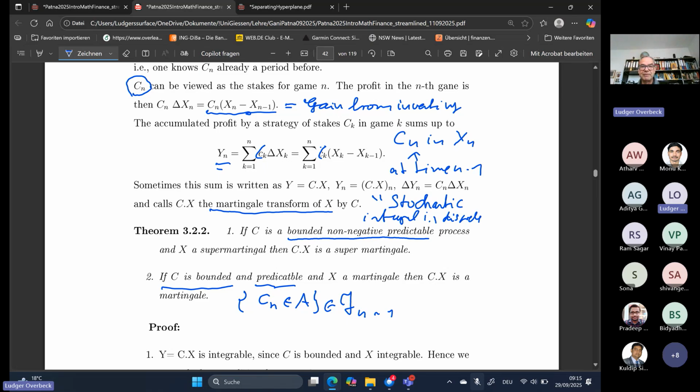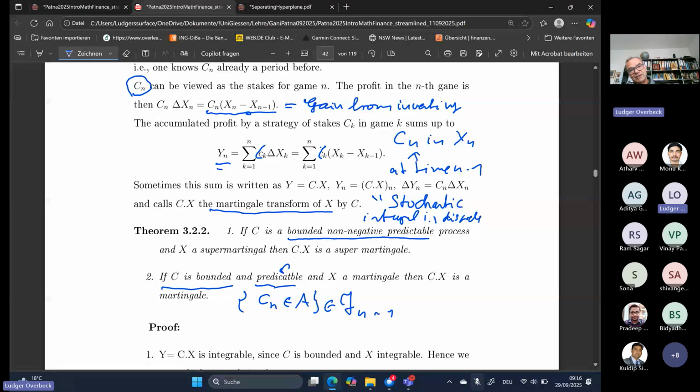And this means mathematically, trading strategies always have to be predictable. So from a mathematical point of view, you have processes which are adapted, like the price, and processes which are predictable, meaning you have to decide one time unit before.